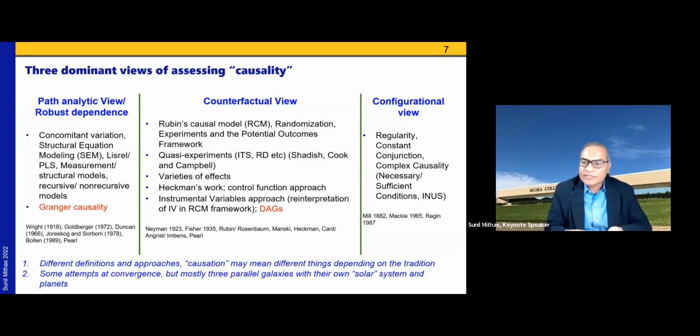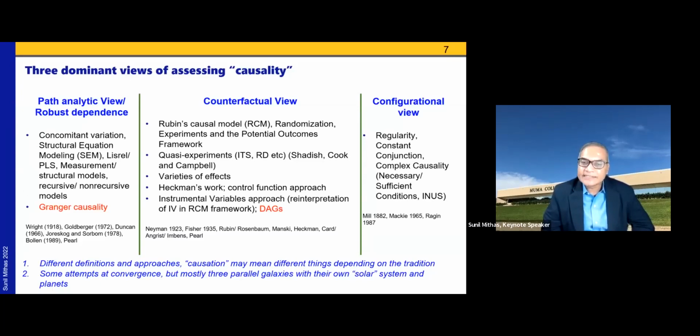If you think about David Card, Josh Angrist, and Guido Imbens, much of their work actually belongs to this camp. This approach draws on Rubin's causal model, which Rubin developed in 1974, but it actually also has an origin in the 1920s, based on the work of Neyman in 1923.